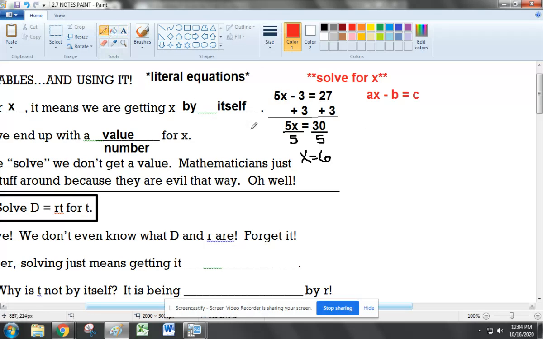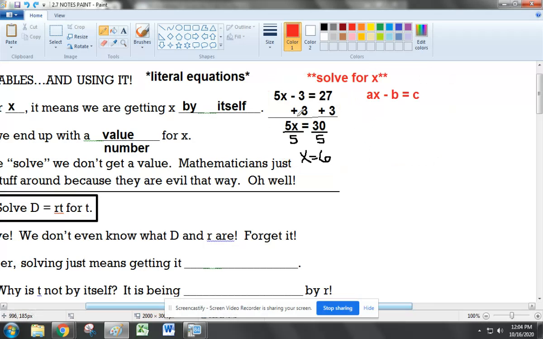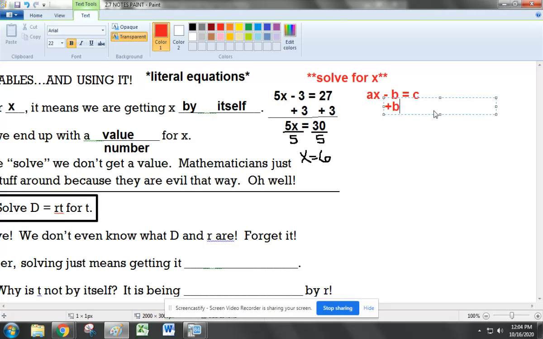The good news is the same strategies that we used on the left, we can use on the right. So instead of going plus 3 and plus 3, we can go plus b and plus b.